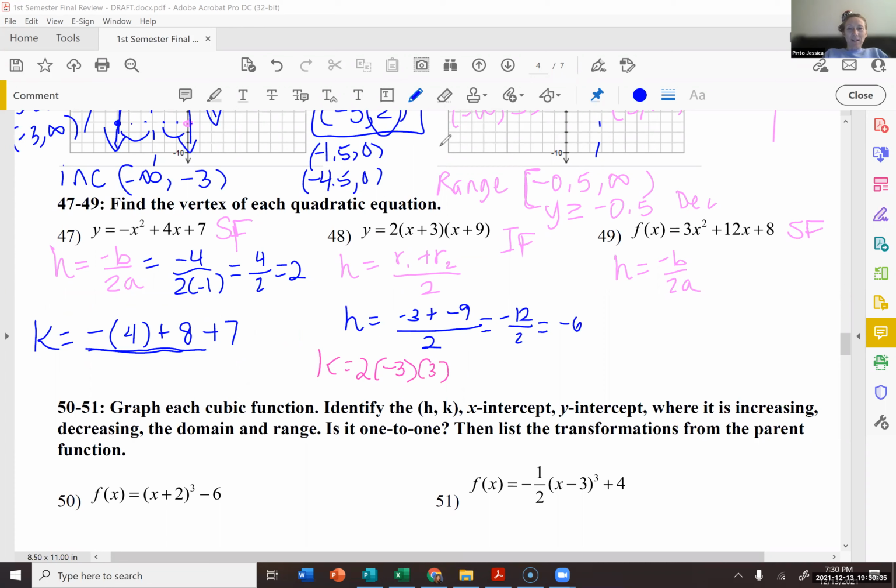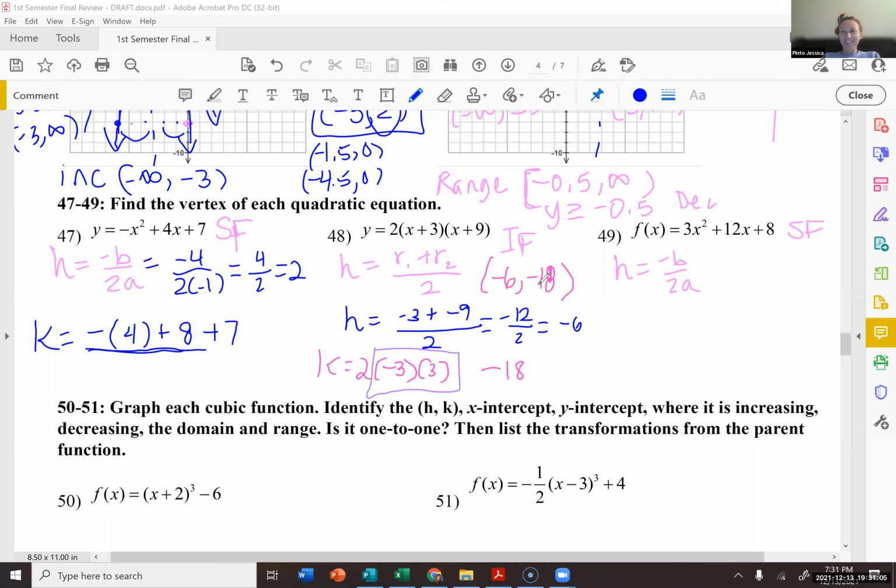And then again, that's a special hint for this problem. It's the same number, but different signs. So different formula, different hint. And so multiplying those together, we get a negative, and it's all together going to be negative, well, 9 times 2, -18. So the vertex is -6, -18.